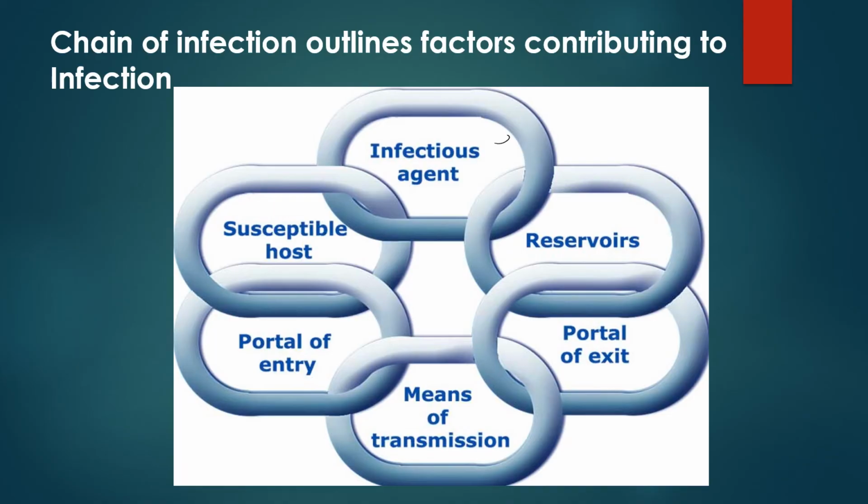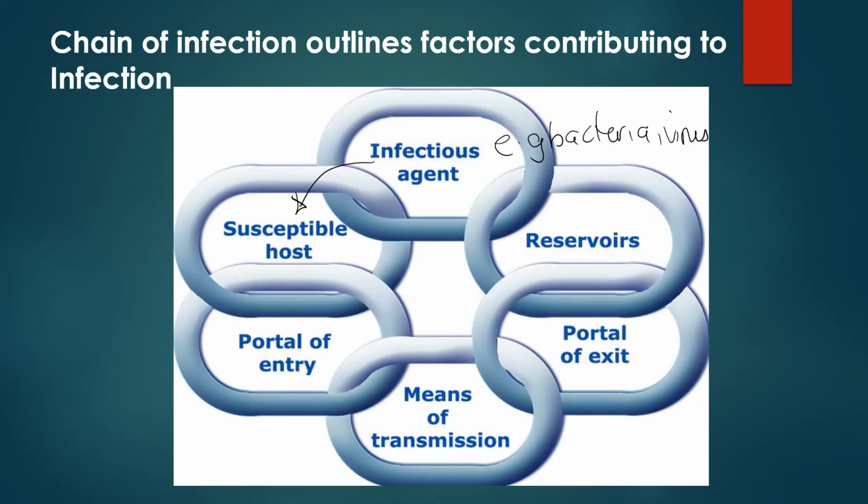Your example here would be bacteria, virus, fungi, or protozoa. Then that infectious agent will find a susceptible host. Your susceptible host could be someone with decreased immunity, someone in the line of that bacteria or virus trying to enter.